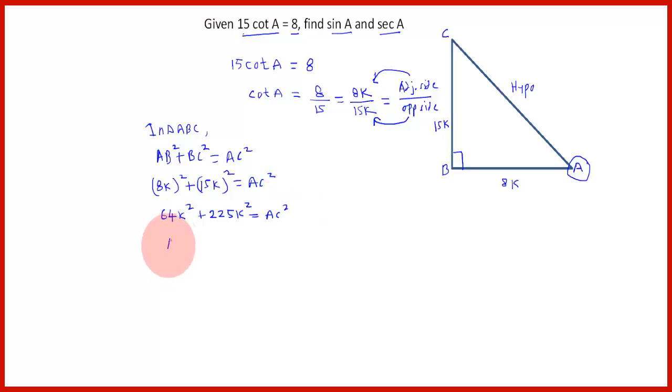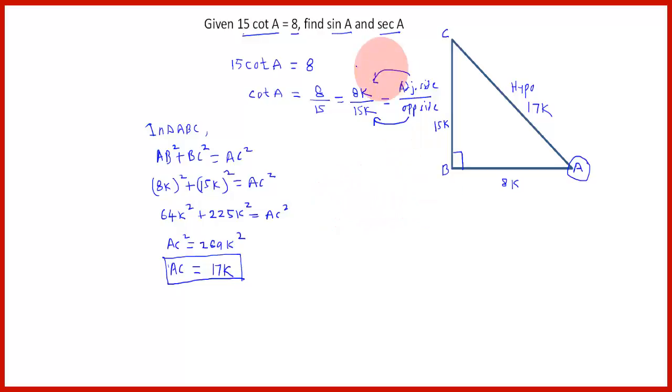Therefore AC square is equal to 289k square. So taking square root of both the sides, we get AC is equal to 17k. So here hypotenuse is 17k. So highlight this step, that is AC is equal to 17k. Students, don't forget to highlight the important steps.